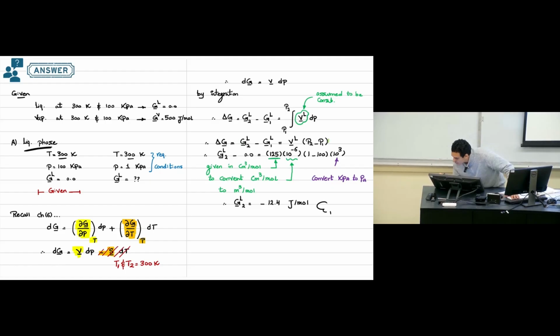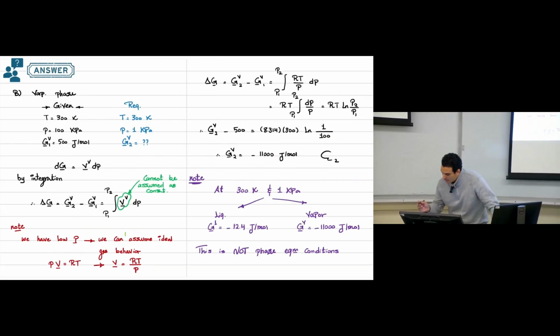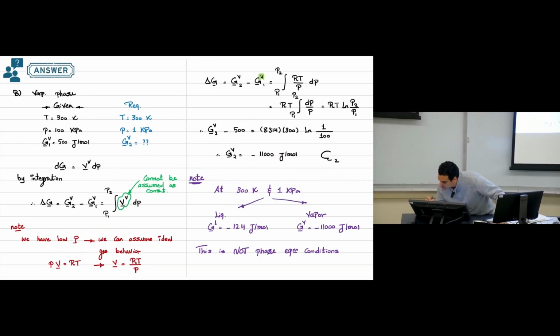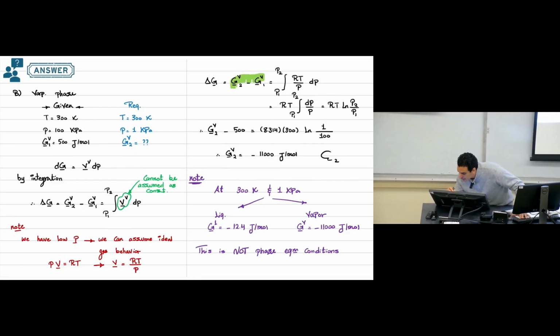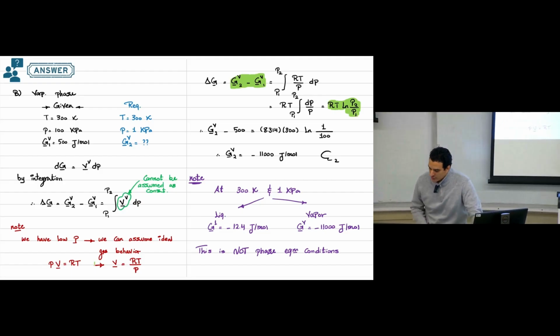This equation can be used to calculate the molar Gibbs free energy for liquid, and we already used it. And here we have an equation we developed to calculate the molar Gibbs free energy for vapor. We said it's RT ln P2 over P1.